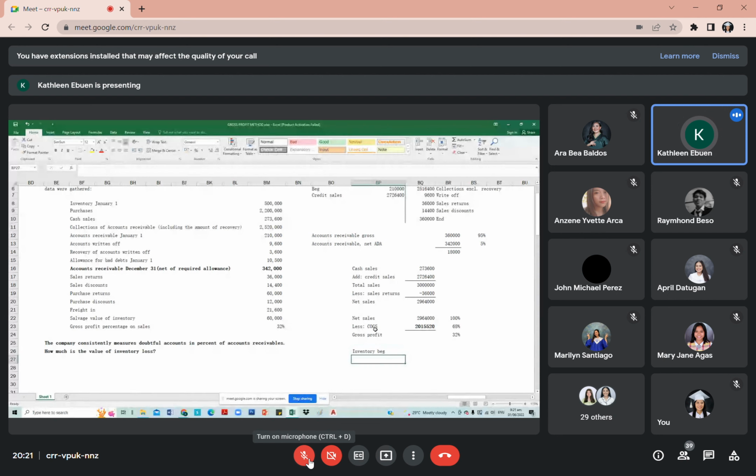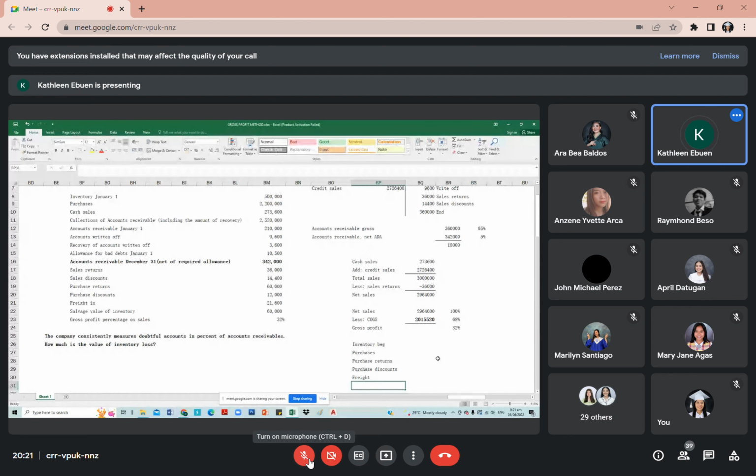Inventory beginning, we have purchases. We have purchase returns saka purchase discount, paid in. Inventory beginning, we have 500,000. Purchases natin, 2,200,000. Purchase returns, we have 60,000.